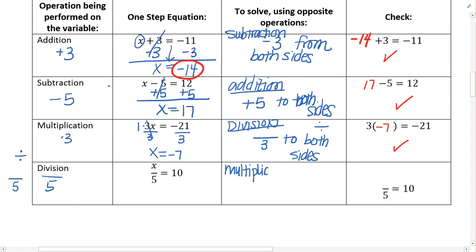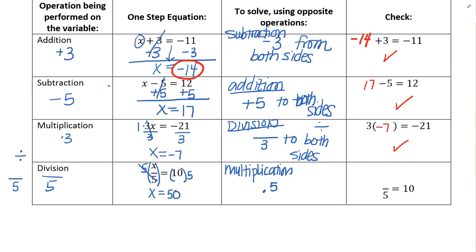So we are going to multiply both sides by 5. Here's how I actually write it. I use parentheses and I put the 5 on the outside. So the 5's cancel, just like the 3's cancel in the problem above, and we get x equals 50.